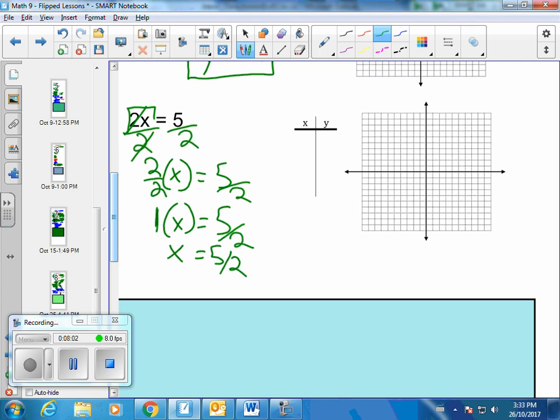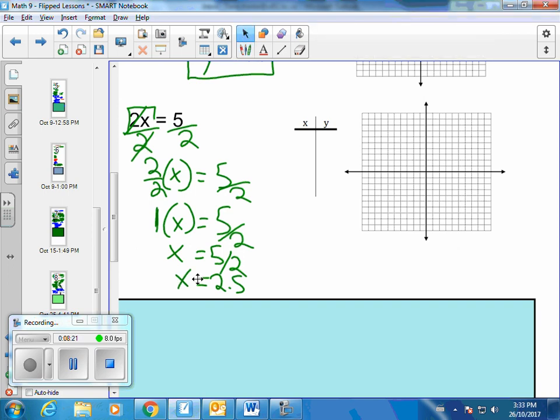They don't really cancel, but effectively, once we divide by 2, we have gotten rid of that 2. Okay, sorry about that, a little interruption. So I know that x equals 5 divided by 2. I don't even need to pull a calculator out for that one. I know that x equals 2.5.